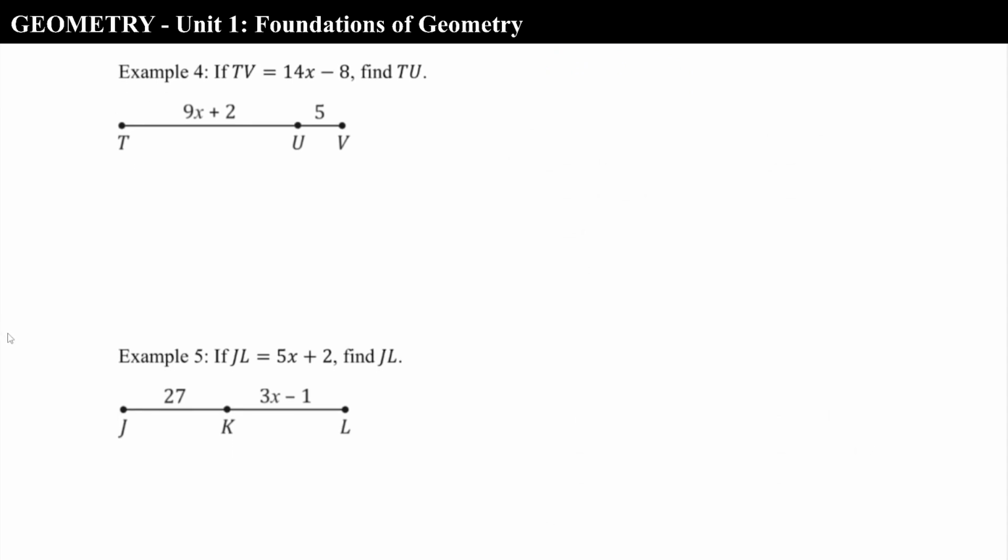In example 4, we're asked to find TU. Again, we're going to start with the segment addition postulate. Okay? So we have TU plus UV equals TV. TU we know is 9x plus 2.